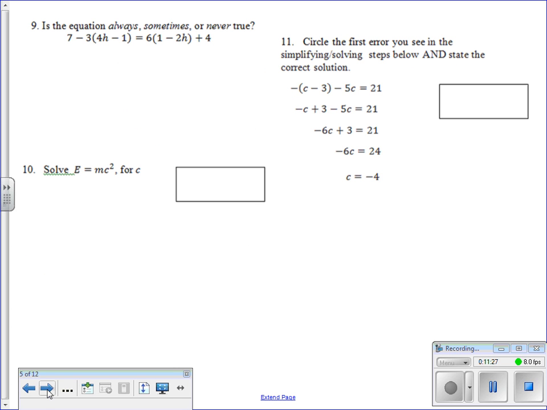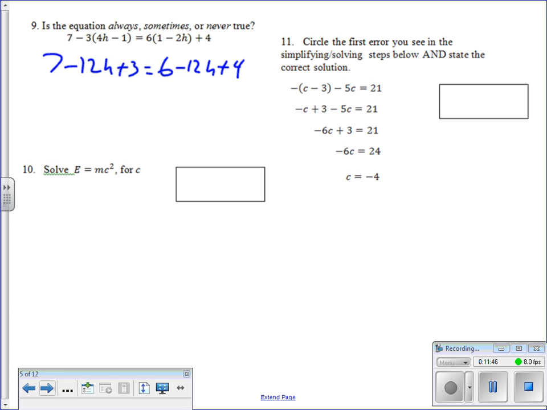Okay, is the following always, sometimes, or never true? First thing I want to do is distribute, get rid of the parentheses. 7 minus 12h plus 3 equals 6 minus 12h plus 4.